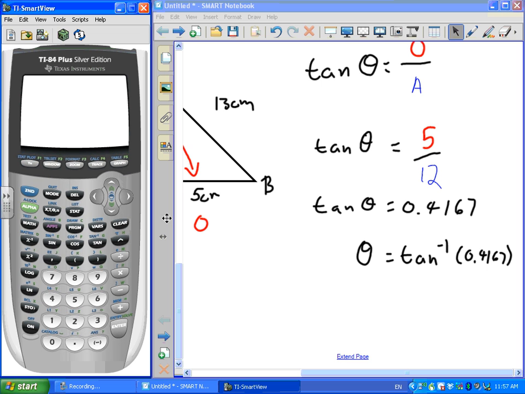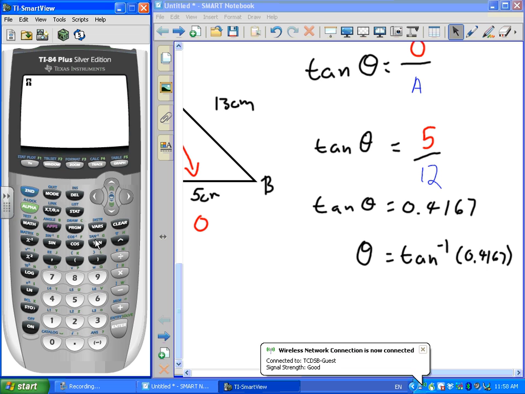So let's try it right now. I look on my calculator, I see that I have tan. But see, that's tan, just the regular one, without the inverse. That is not the one I want. I'm most likely going to have to push second function, tan. See how it gave me that -1? Then I'm going to type in 0.4167.